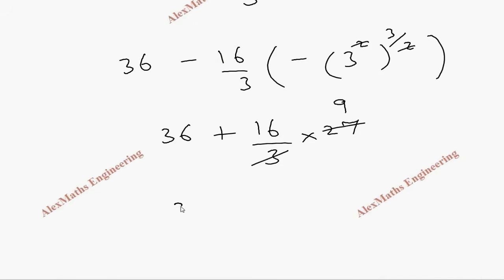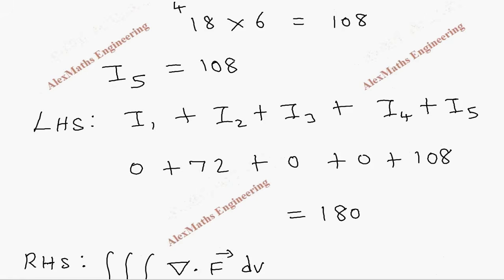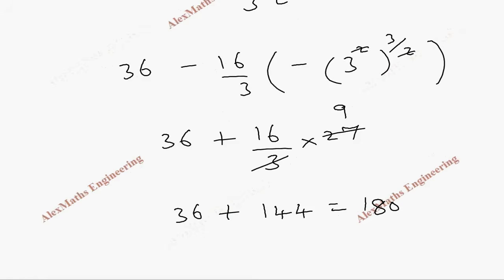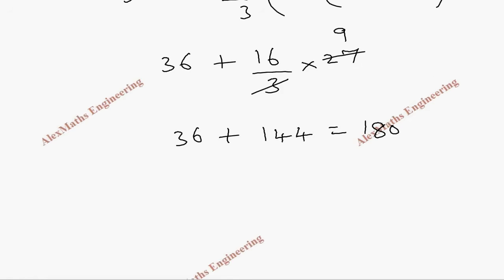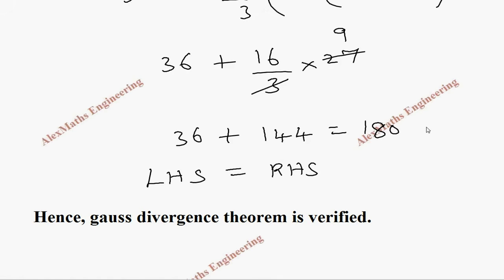This is 36 plus 144. After adding this, we get 180. So already LHS we got 180 and RHS also 180. So we can say LHS equal to RHS. Hence, the Gauss divergence theorem is verified.